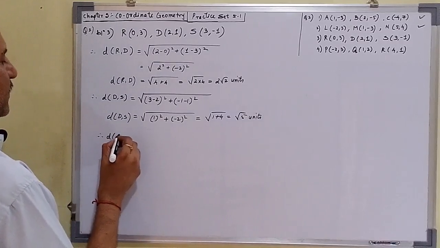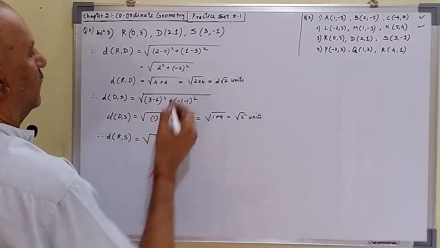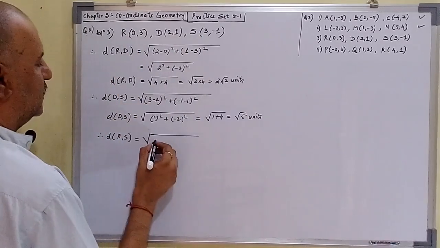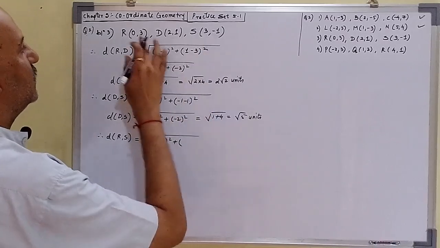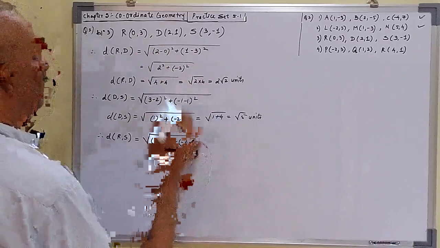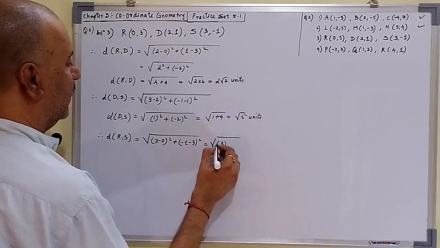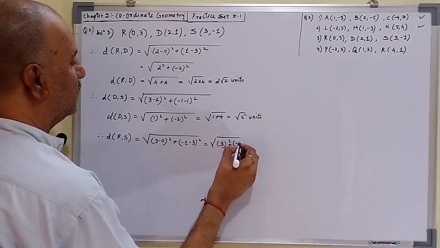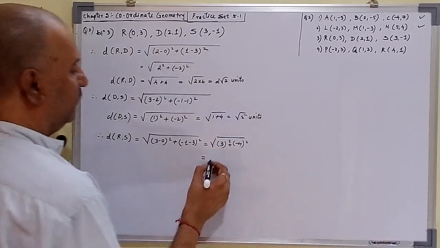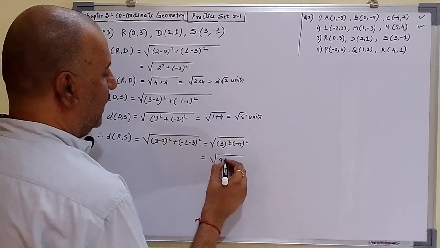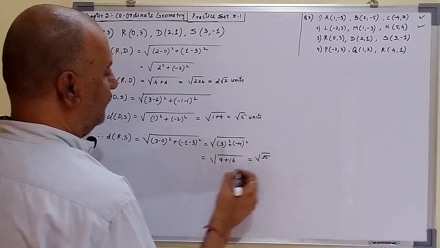Distance RS: (3 minus 0) squared plus (-1 minus 3) squared. How much is this? 3 squared plus (-4) squared. So how much will this be? 9 plus 16, root 25.